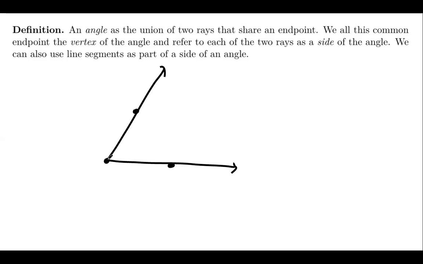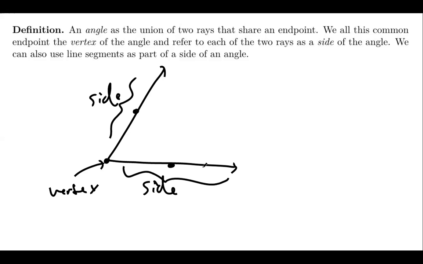This point here would be called the vertex of the angle. And each of the two rays is a side. So this one is a side, and this one is also a side. And we can also use line segments as part of an angle. So we could just take this segment here and this segment here, and they would also be sides of the angle.